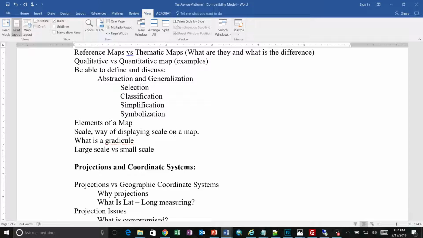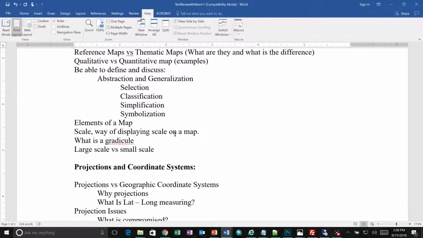Small scale maps show more of the world because the representative fraction represents a much smaller number. That's why they're called small scale maps. So the scale itself is small, which means it's showing a large area. So you need to know that relationship. Small scale maps equal large areas. Large scale maps equal a relatively small area. And they are relative terms.